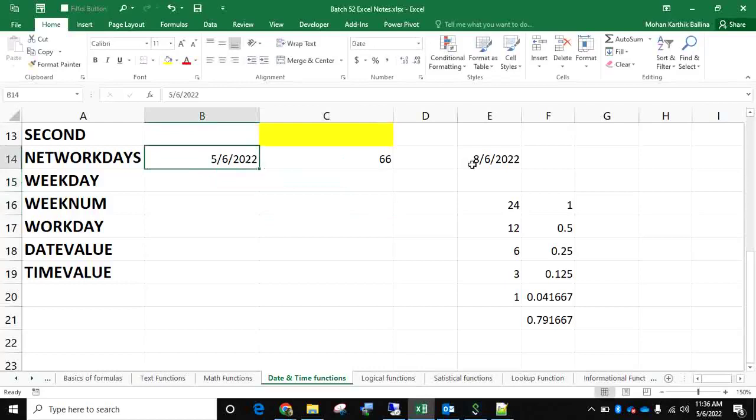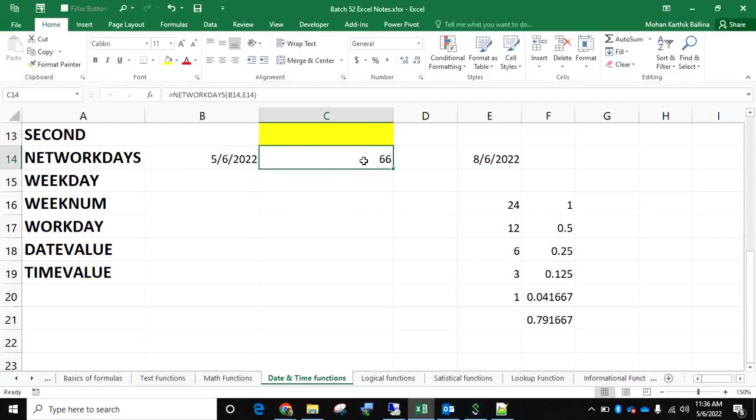Generally the difference between these two dates is 90, but we got only 66 because it eliminates weekends. I hope you understand.